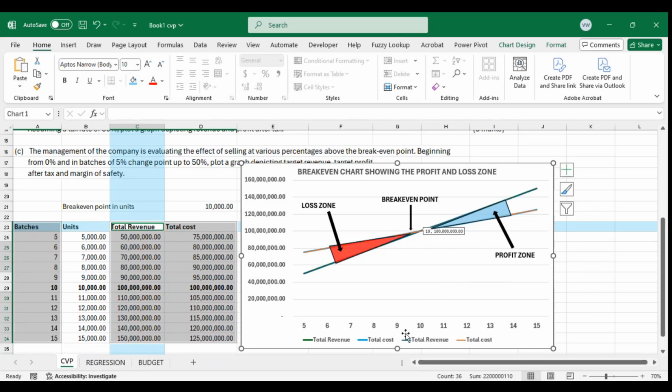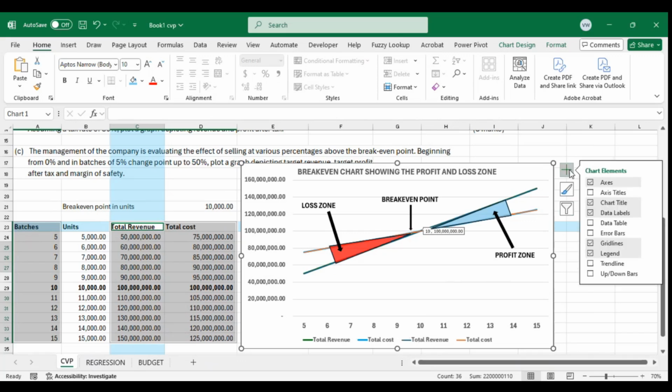100,000. If you wanted to give the X and the Y axis titles, I think I should have said that. If I wanted to give these titles, then I can just click and go to the axis title.